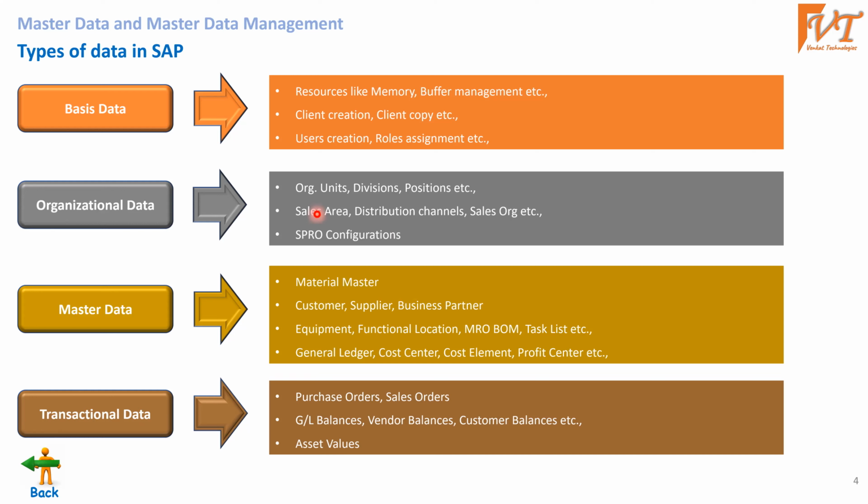If the plant is not configured in the system, how can I assign it to the material? It's not possible. So the organizational data, the reference data, has to be available in the system, and that has to be leveraged and reused by the master data in MDG. And basis data, of course, is mandatory.